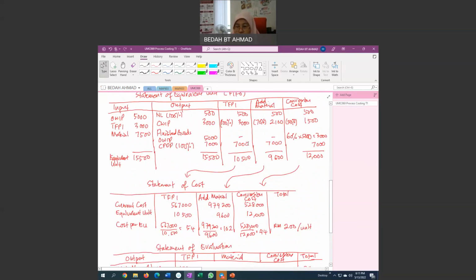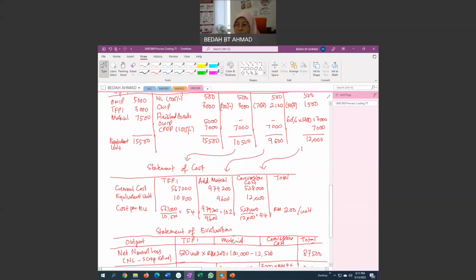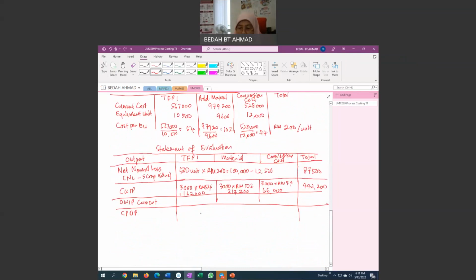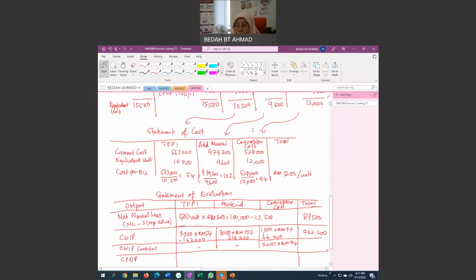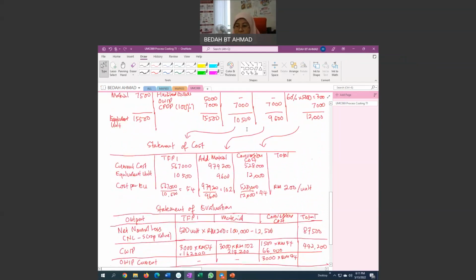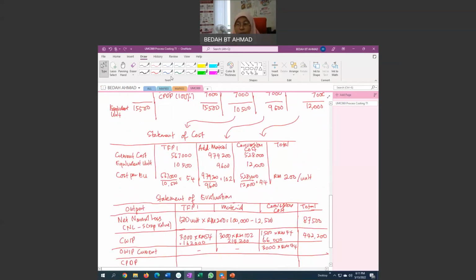For the opening work in progress current in process 2, transfer from process 1 is none. Additional material also is none. Only the conversion cost. Sorry, this one is not 3,000 but 1,500 units.